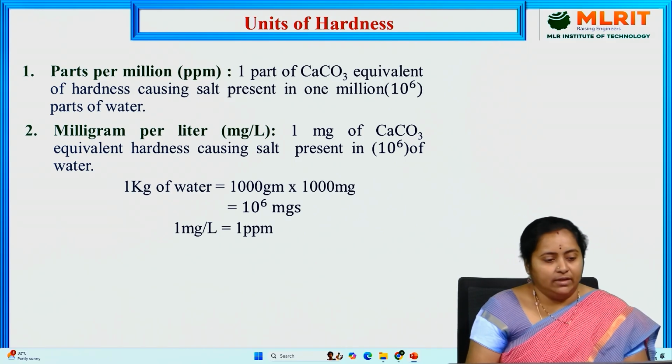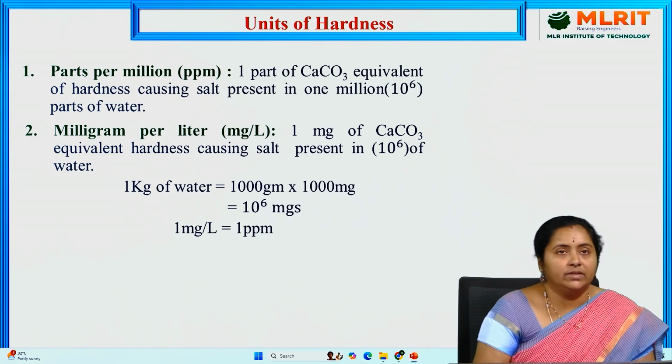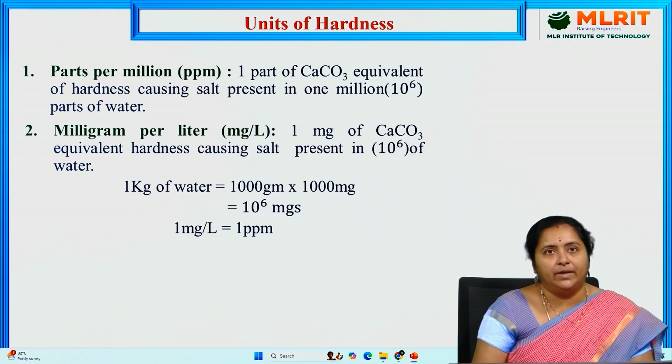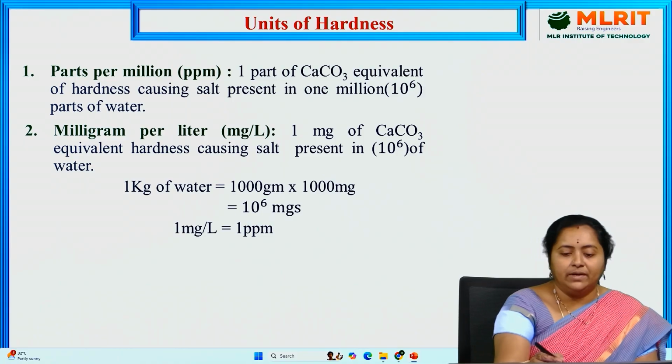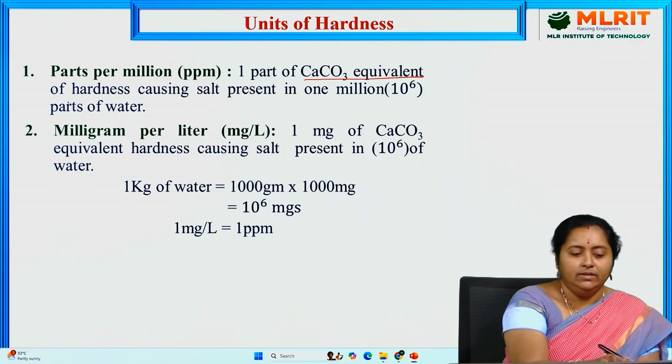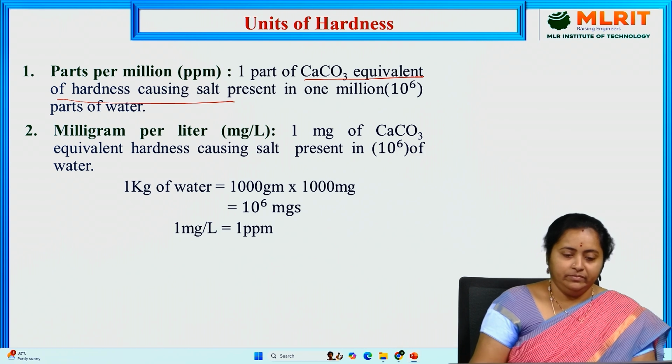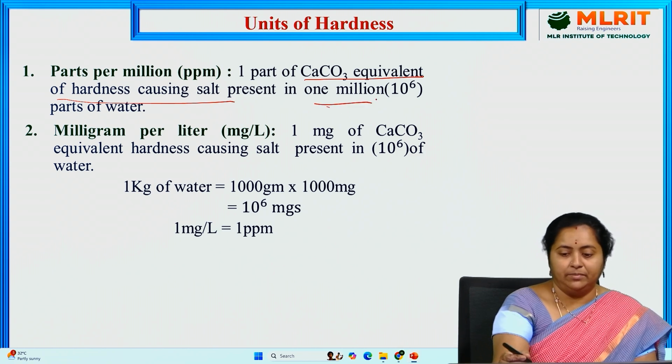So let us learn about their definitions. What do you mean by 1 ppm, or how can it be defined? Parts per million, that is ppm. 1 ppm is equal to 1 part of CaCO3 equivalent hardness causing salt that is present in 1 million parts of water. 1 million parts means 10 power 6.